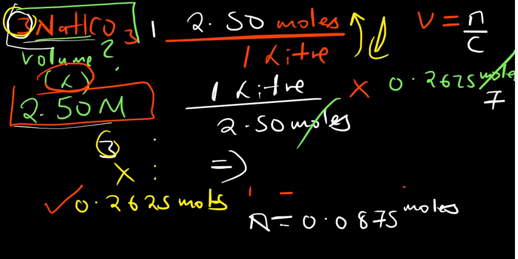Zero point. Isn't that too big? Zero point 0.265 divided by 2.50. Get the actual figure that I have.